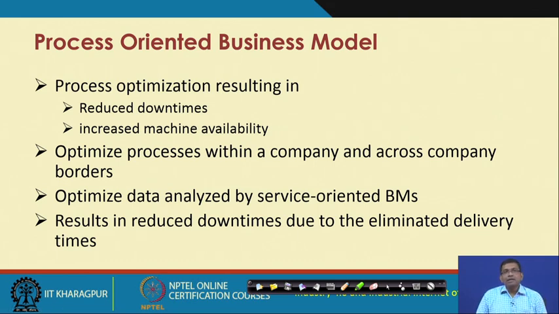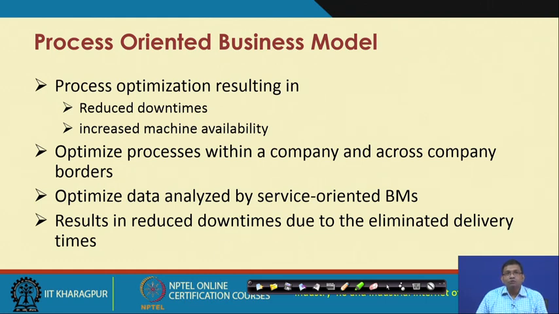So, the next one is the process oriented business model. Here we are talking about the optimization of different processes, reducing the downtimes of the machinery that is available, and making this machinery available for increased durations of time to different customers. This is the whole idea behind this process oriented business model.